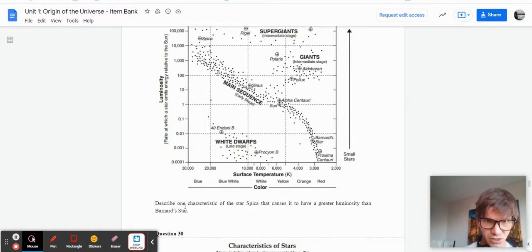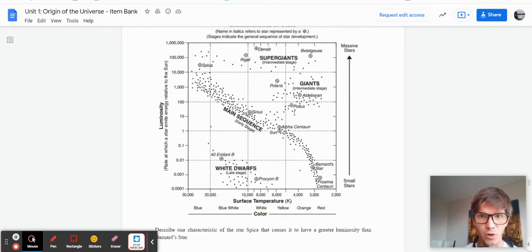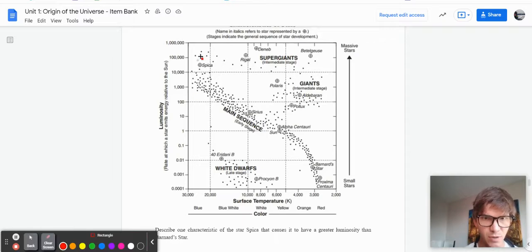29. Describe one characteristic of the star Spica that causes it to have greater luminosity than Barnard star. So Spica, let's find it, is going to be over here, and we want to compare it to Barnard star over here.